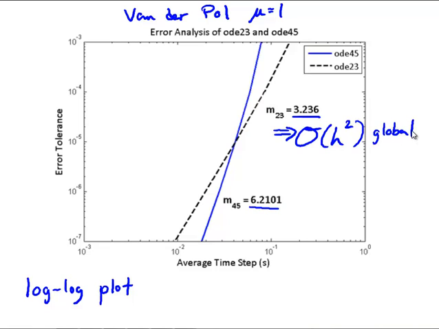And for ODE45, we would subtract 1 off that, and it's all approximate, so we'd make it an integer, and say it's roughly 5th order accurate in terms of global error. And so we can run an experiment like this on any differential equation to get a sense of how the accuracy will improve as the time step is reduced for that specific solver.